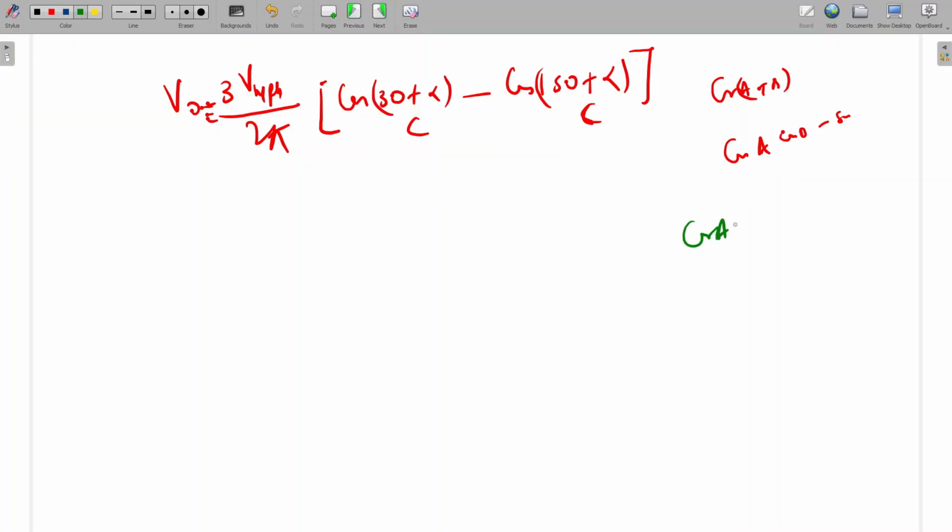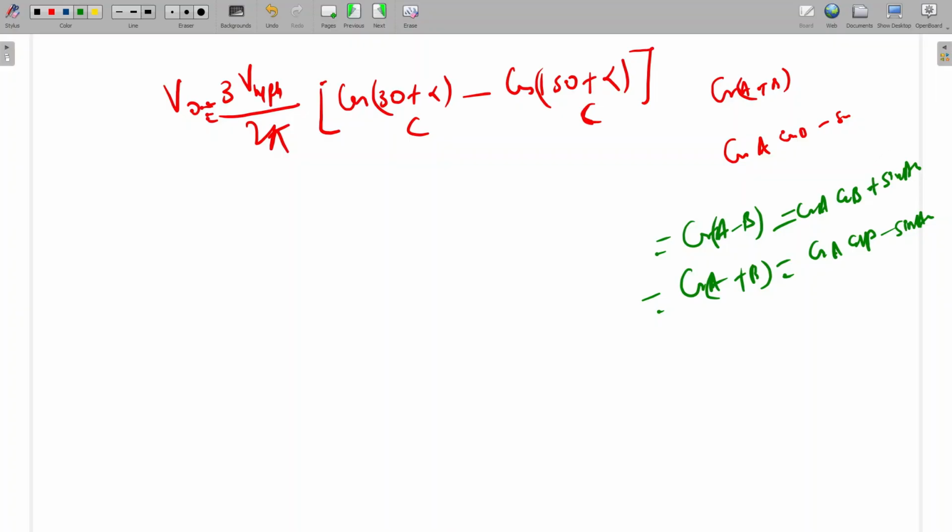Cos A minus B is cos A cos B plus sin A sin B, and cos A plus B is cos A cos B minus sin A sin B. Is it correct? Yes, sir.